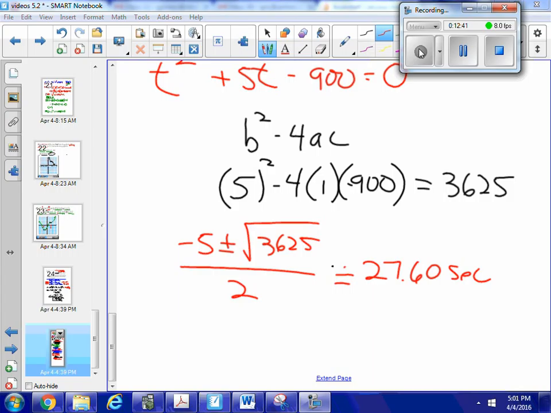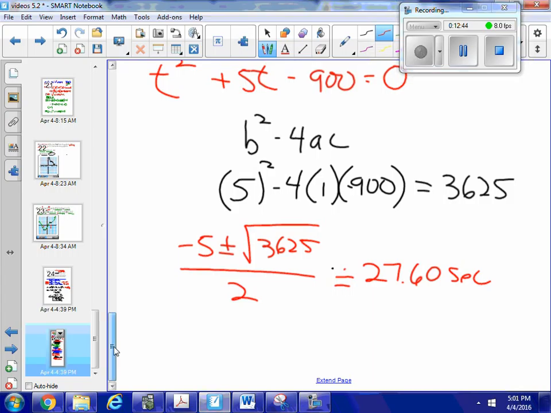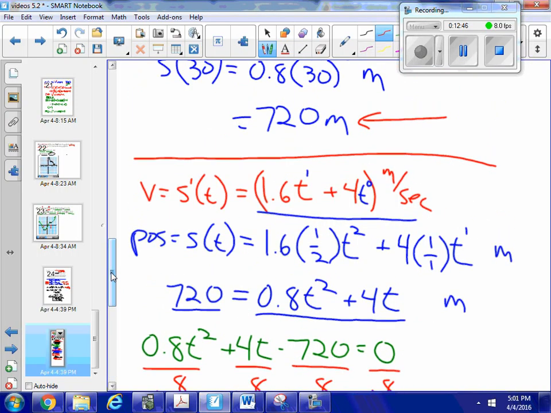Now, I want to know what my velocity is. I just go back up to my velocity function, which I got as the antiderivative earlier.